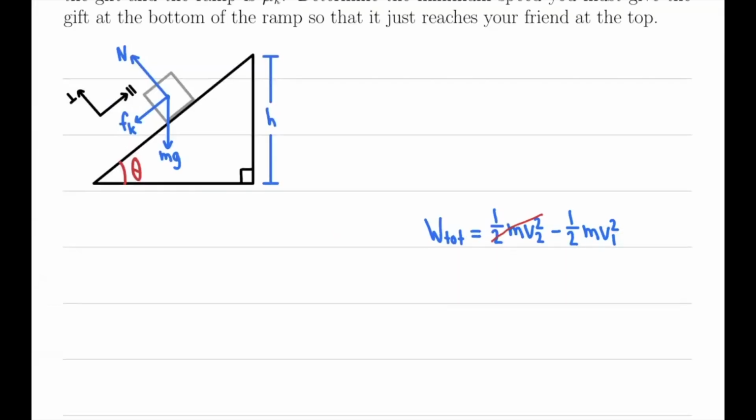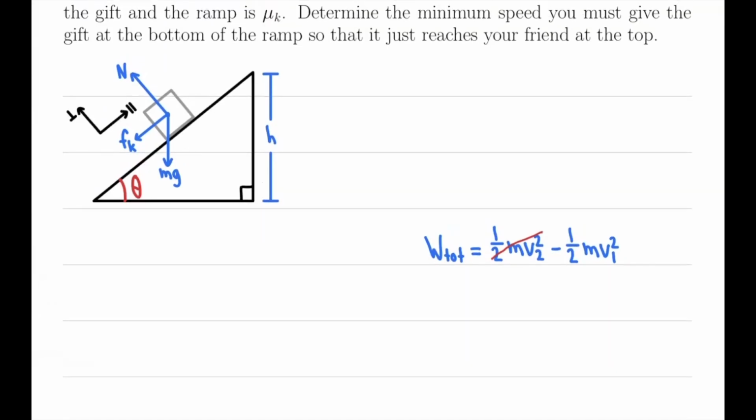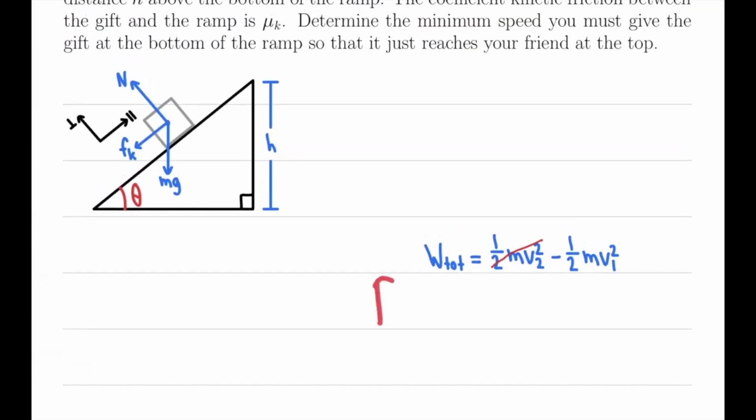We have to ask ourselves, are the forces constant? And the forces are constant here, so we can use Fs cosine phi. Since this is the total work done, the F in the Fs cosine phi is going to be the net force. So let me write that in.